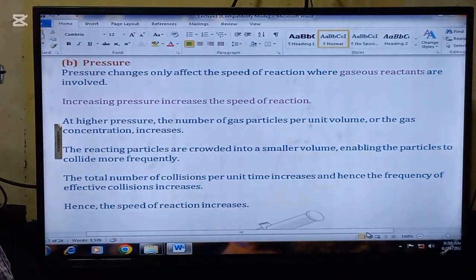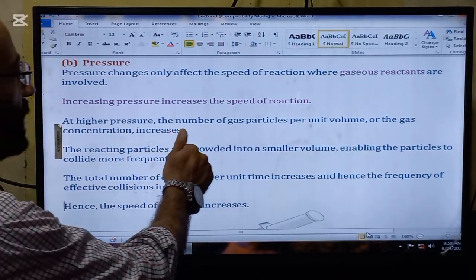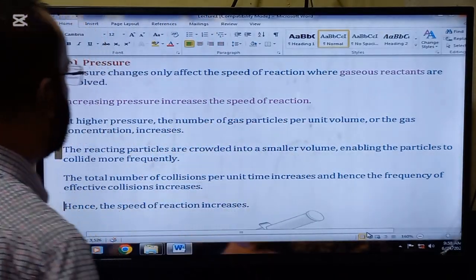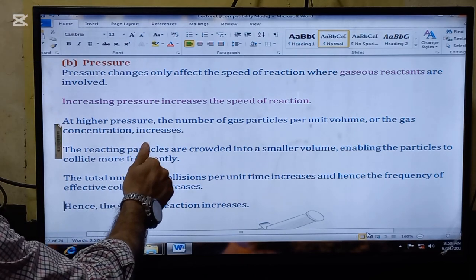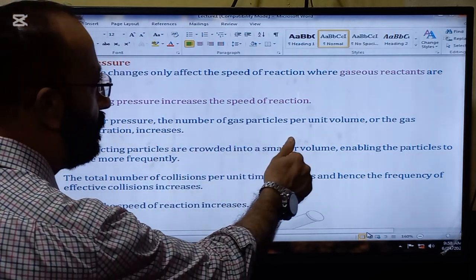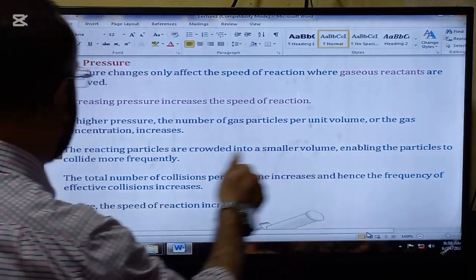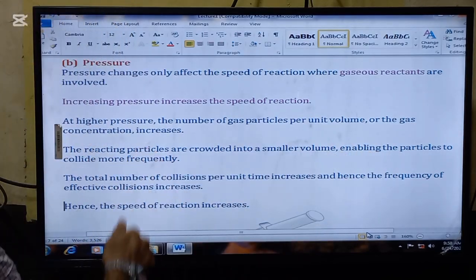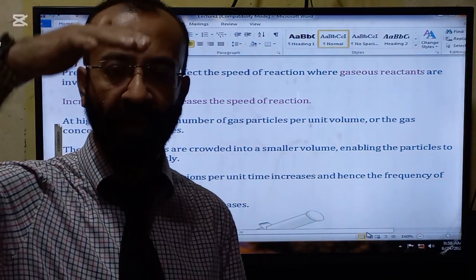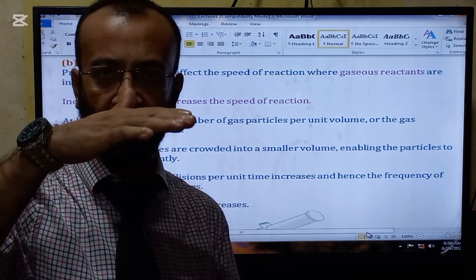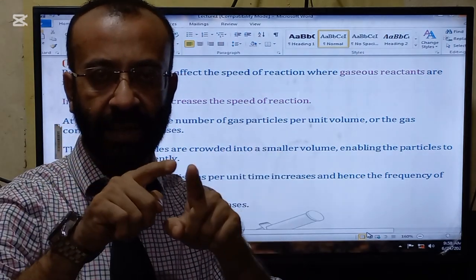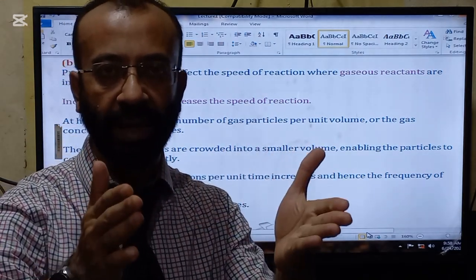So look now, increasing pressure increases the speed of the reaction. At a higher pressure, the number of gas particles per unit volume, or the gas concentration, increases. So definitely when you increase the pressure, there will be less space available for the reactant particles.